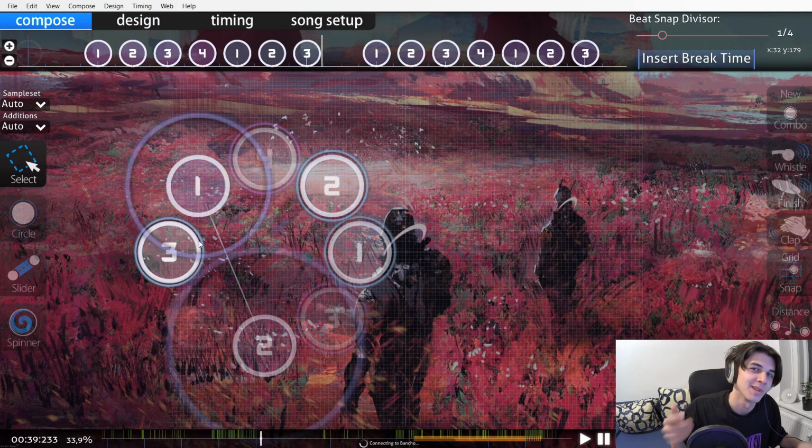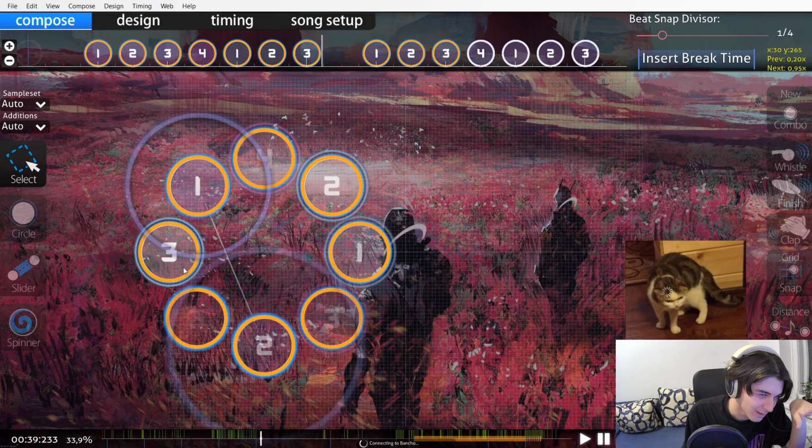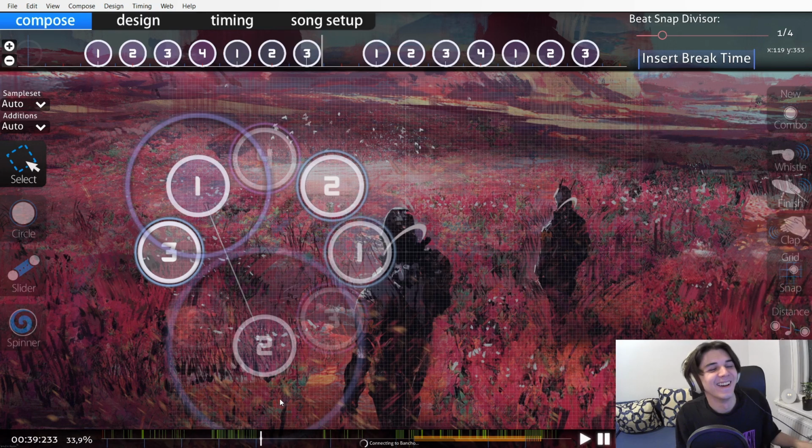And then he goes into the next section where he uses these pretty amazing octagons. But yeah, that's beside the point.